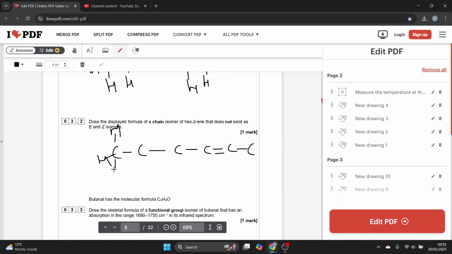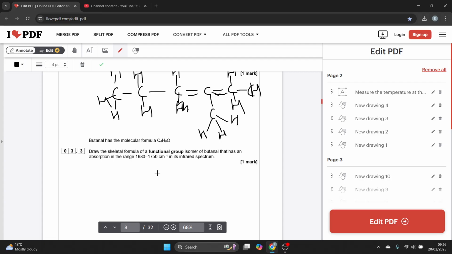Fill in the hydrogens, but because it's a chain isomer, sorry, I have a double bond here, that's normal. CH3, so I've only got 1, 2, 3, 4, 5 carbons, right? That's gone, but then instead of that, I've got a methyl group here. That's what I was trying to aim for.